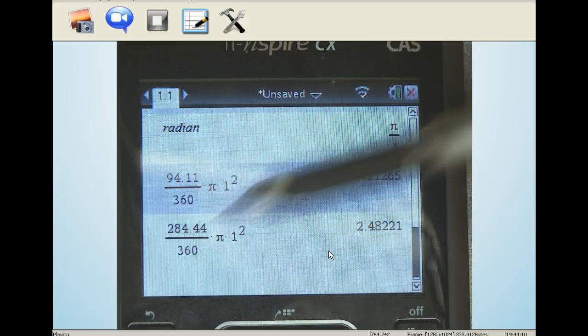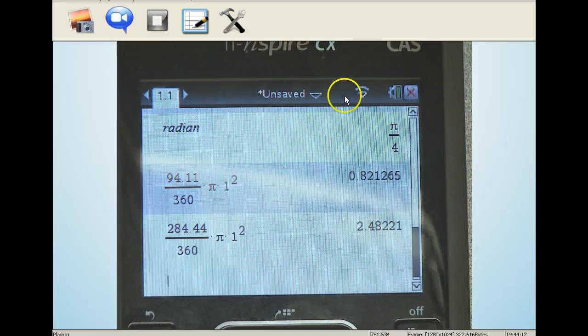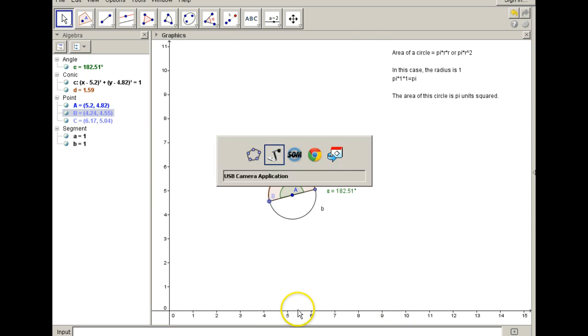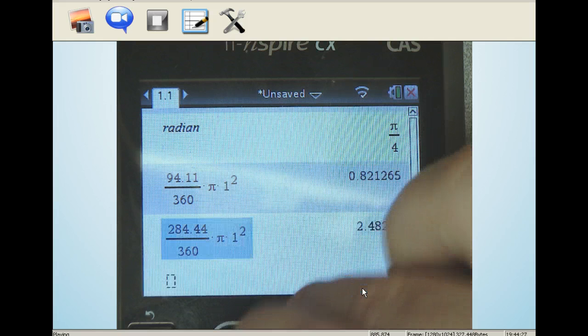So when we do that, we have 2.48221. Okay, so let's put one more in there, 182.51.